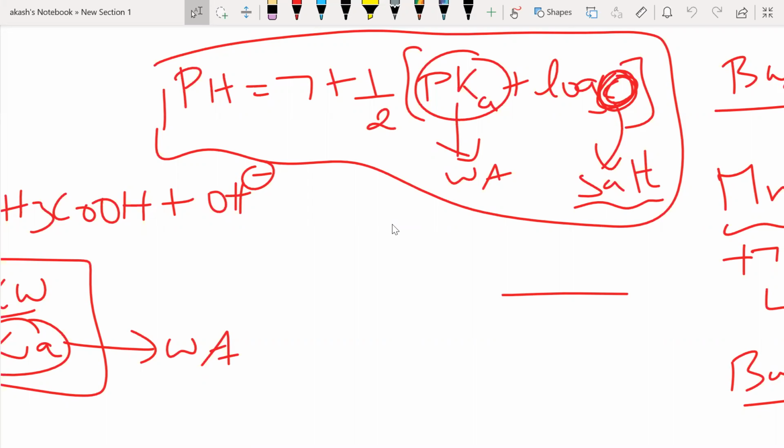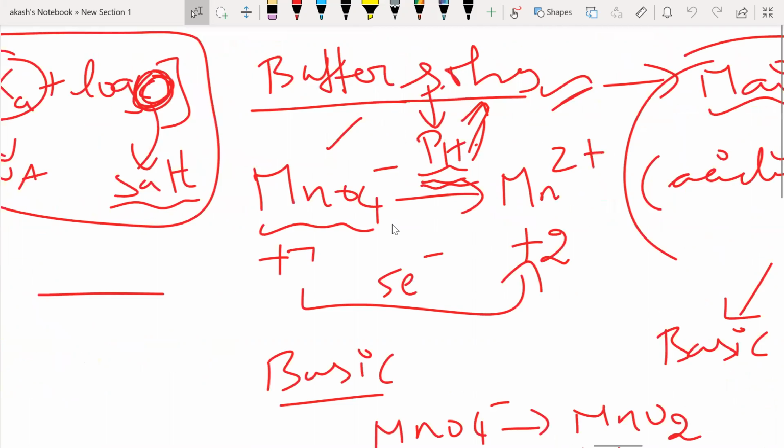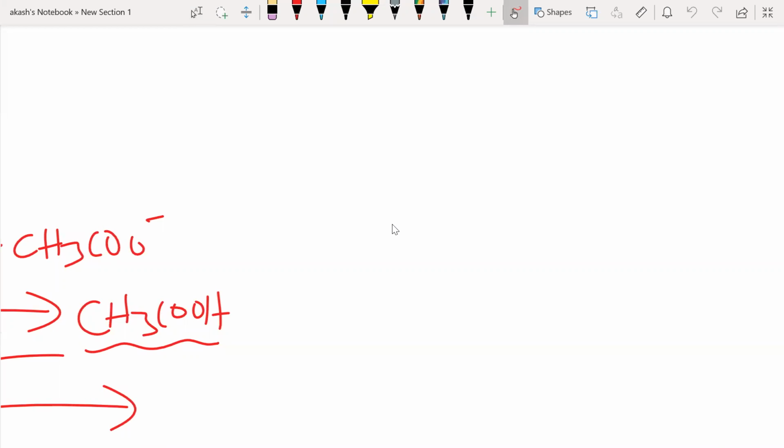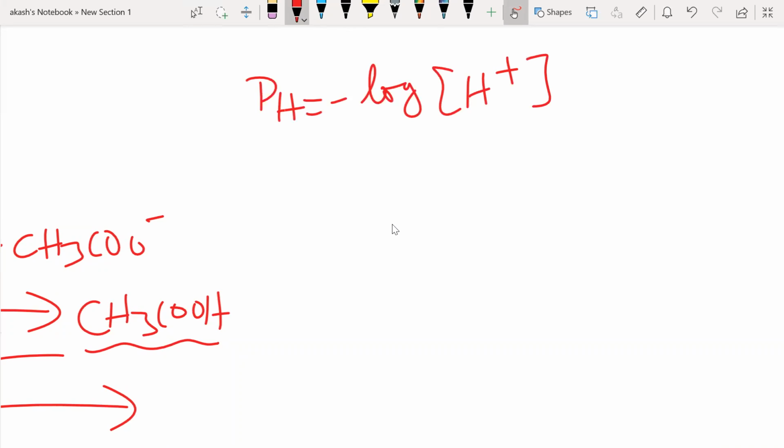You try. Anyways, I'll help you. And there's one formula which I forgot. I mean, you already know the formula, just the other variant of it. I know pH is negative log of H plus, right?